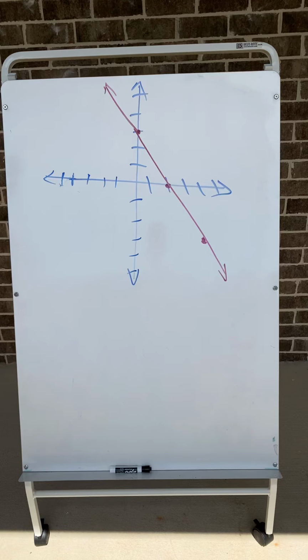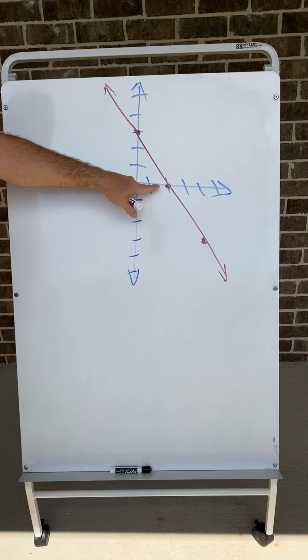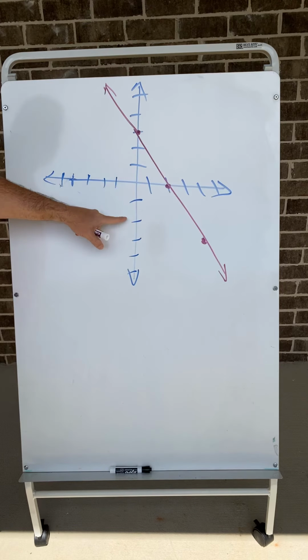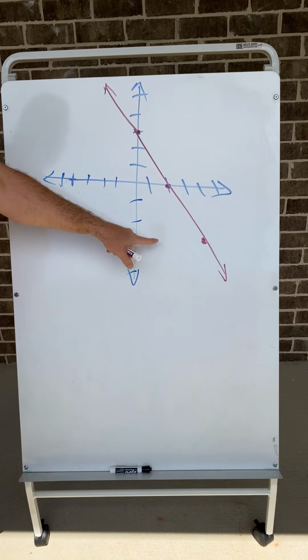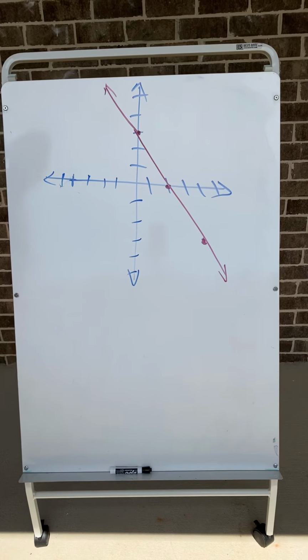Draw your graph on here. The points are at 0, 3, at 2, 0, and at 4, -3. So there's your points. Now pause it and see if you can figure out what the equation of your line is.